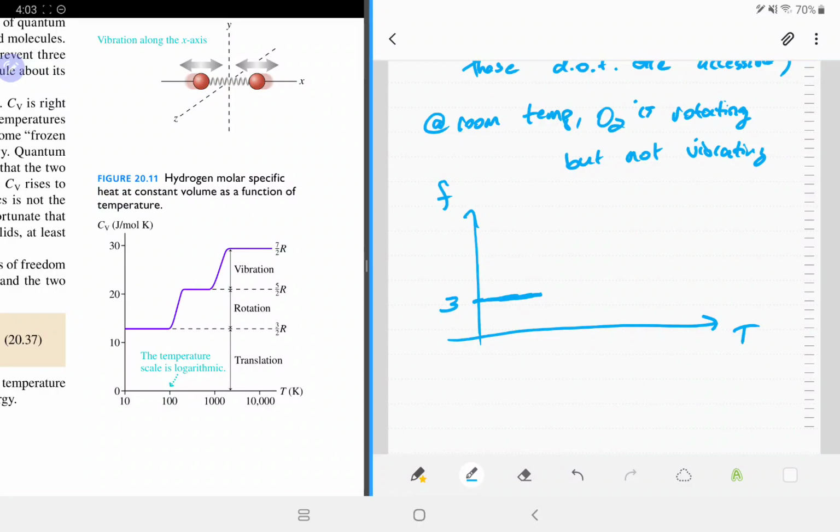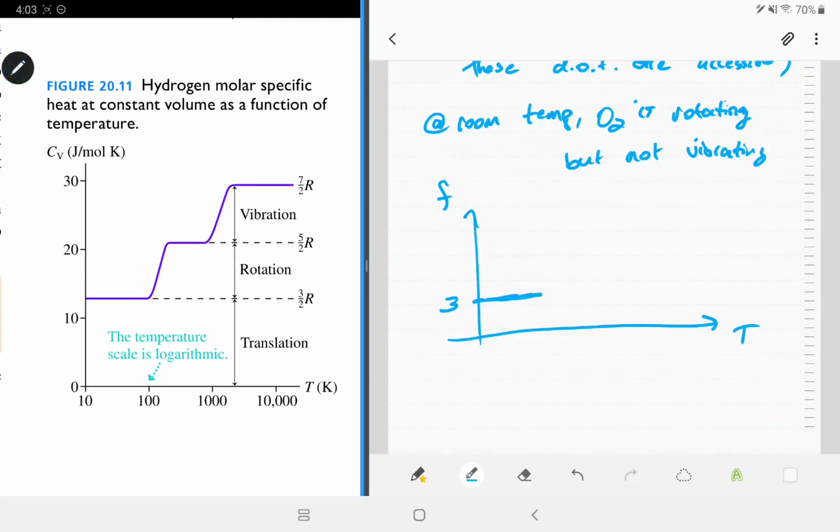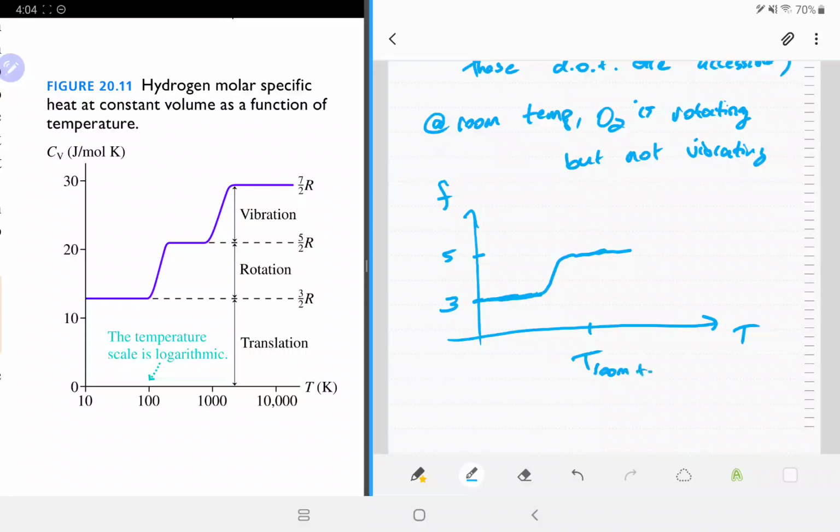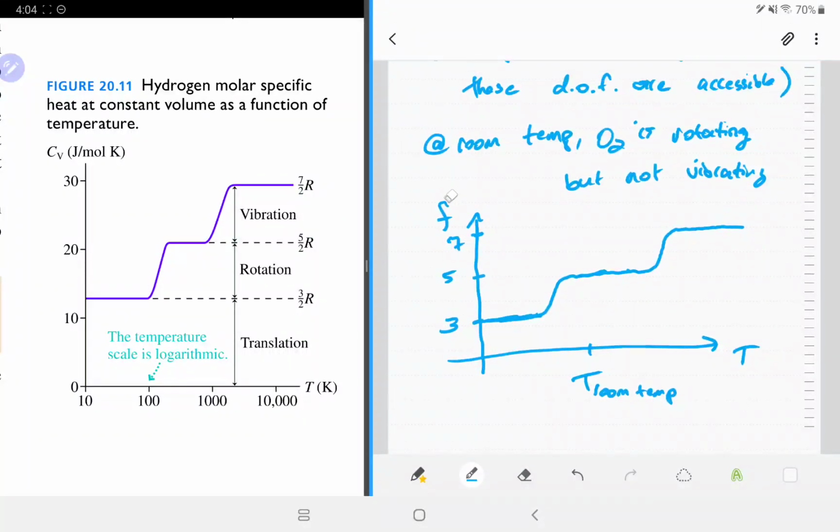And then you'll notice that there's a jump here at around 100 Kelvin. So the order of magnitude here is about 100, couple hundred Kelvin. It jumps up to 5. So the number of degrees of freedom would be 5. And room temperature would be about right here. So F equals 5. And then at around 1,000 Kelvin or so, or tens of thousands of Kelvin, we jump up to 7 degrees of freedom. So up here is 7.